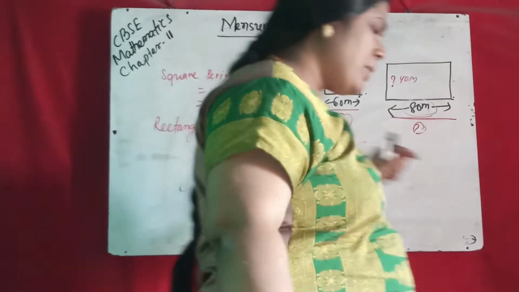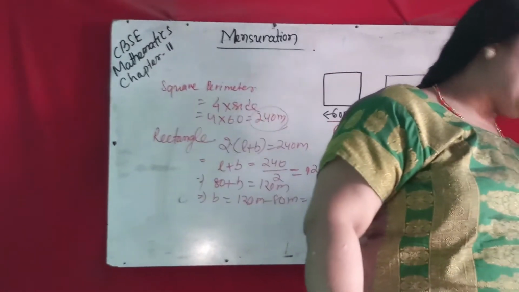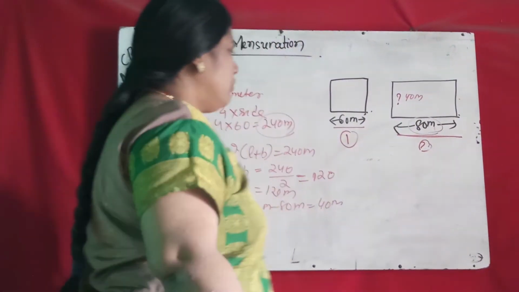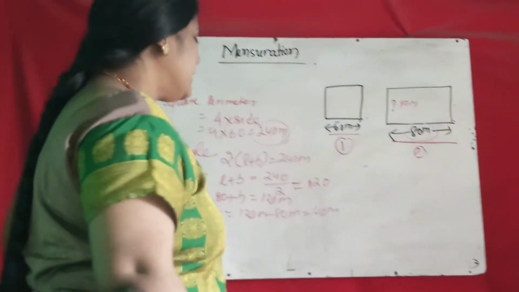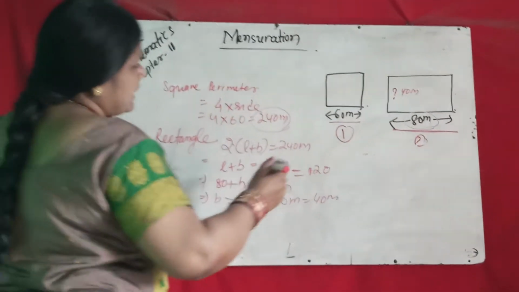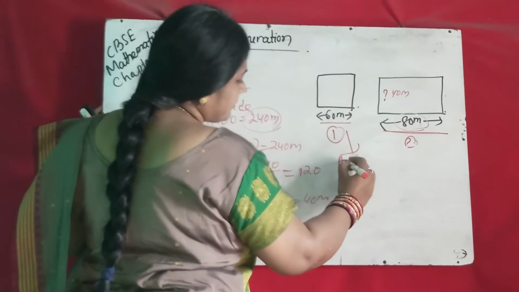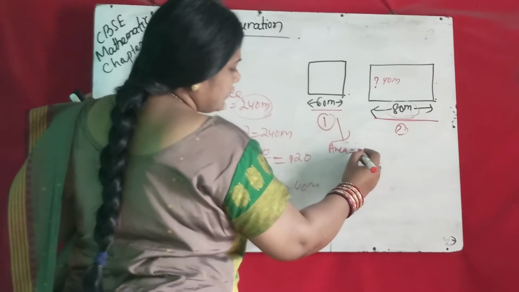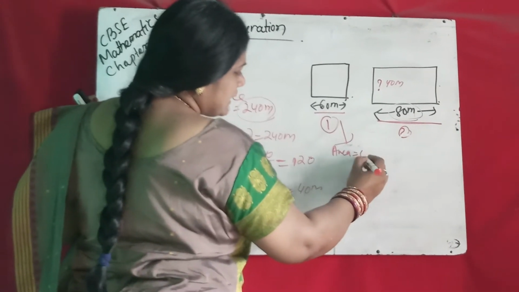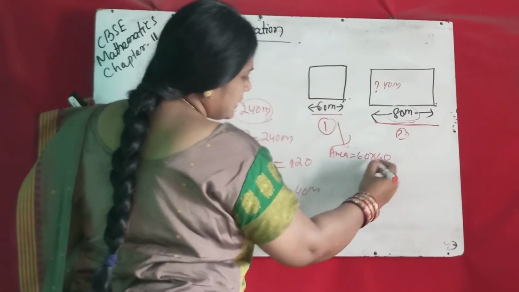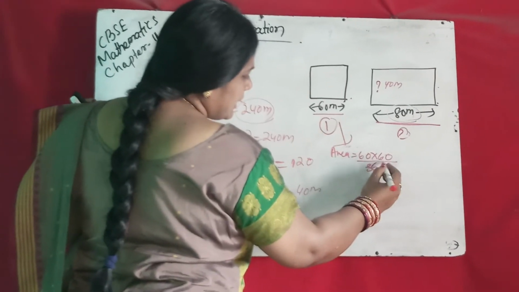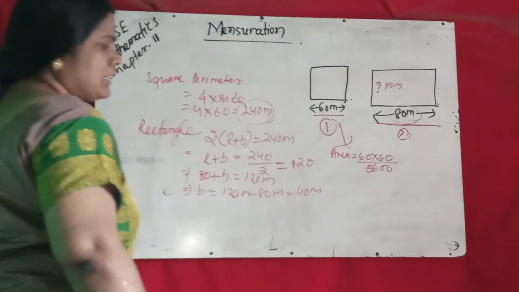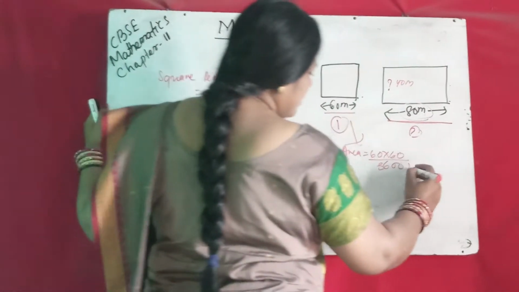So which field has a larger area? The question is, which field has the larger area? That means find the area. For the square, side into side, 60 into 60, that is 3600 meter square.